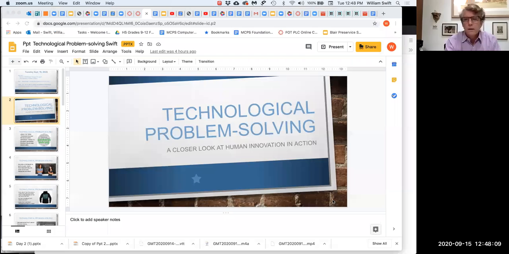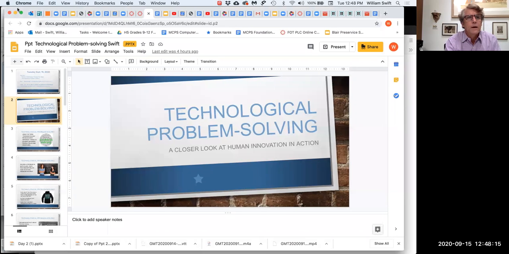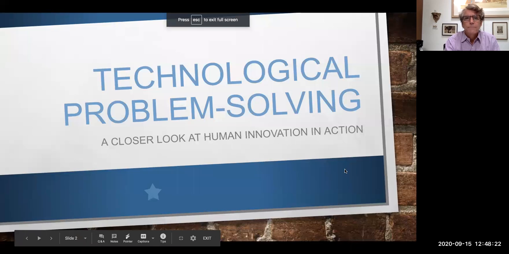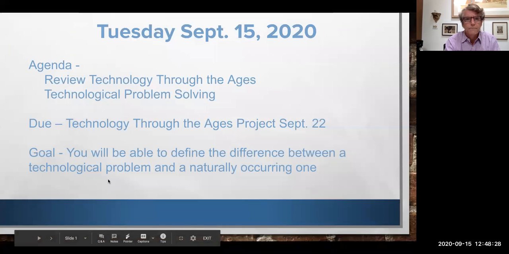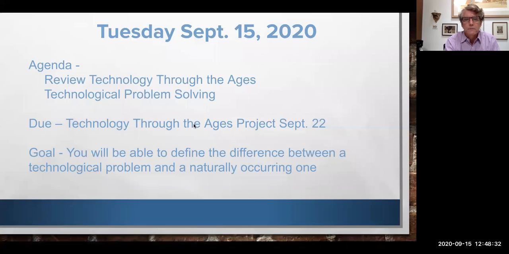Because I'm supposed to be presenting my desktop. Okay, that's the problem. I'm sorry, Chrome just seems to be acting very fickle these days. Some days when it pops out the lecture, you can see it and others you don't. So I'm just trying to present my desktop. Okay. So now, is everyone seeing the full screen slide, Tuesday, September 15th?